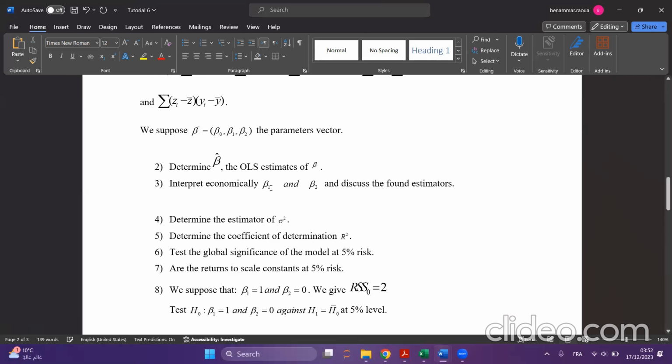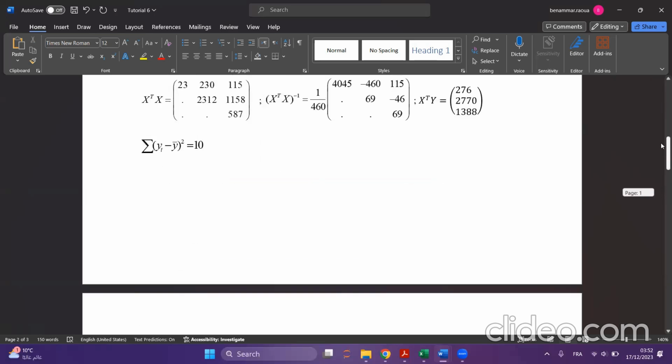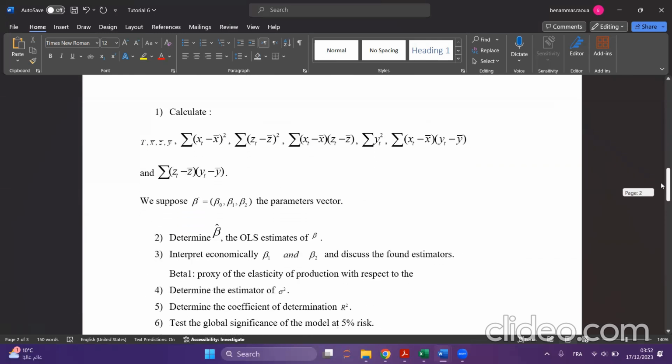So beta 1 is a proxy of the elasticity of the dependent variable y, which is the production, with respect to the first independent variable, labor, given that the second independent variable, capital, is held constant.